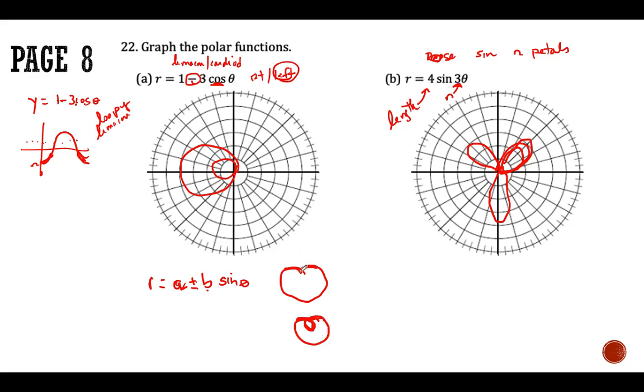Terrible, right? Some cardioids come down and touch the pole, some of them are above it.